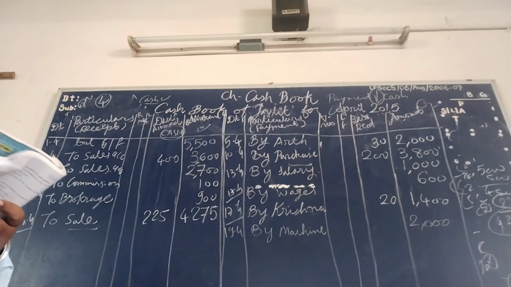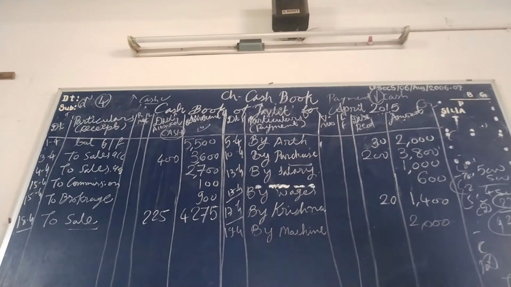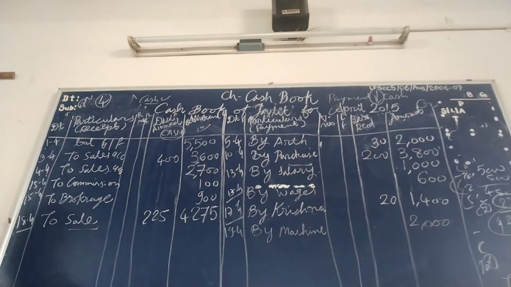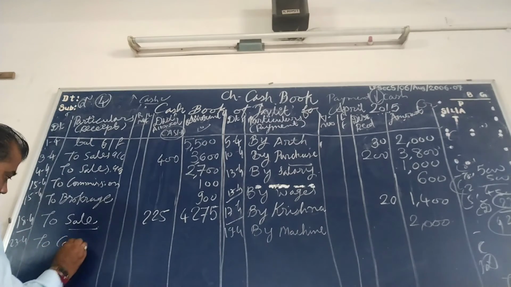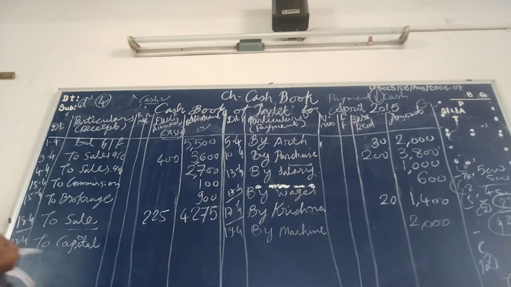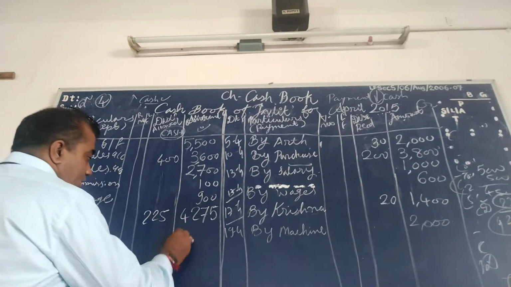So we brought into the business 2,500. It is in the form of capital. So we write here to capital. We receive the capital, so cash to capital. So here we write 23rd of April to capital 2,500.